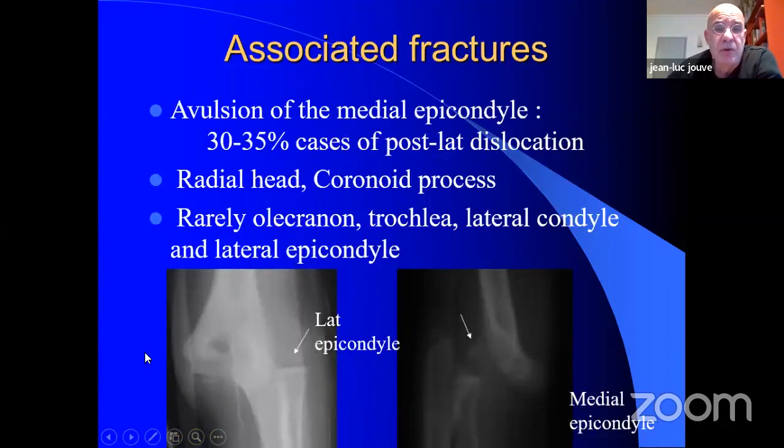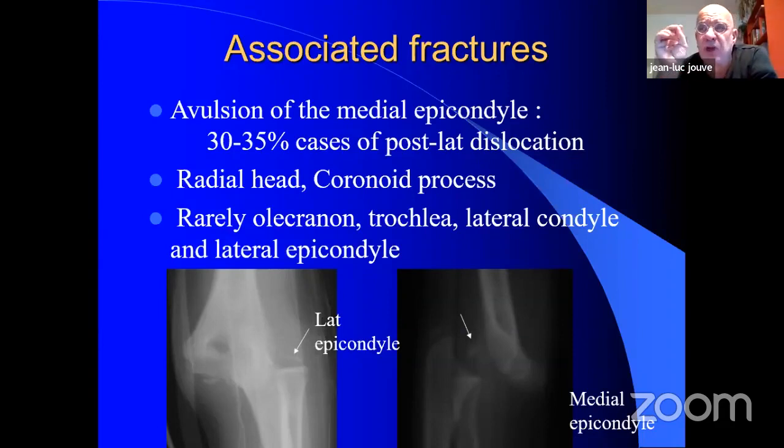The most important thing to remember is when there is an associated fracture. You have to know that there is an avulsion of the medial epicondyle in 30 to 35% of cases of posterolateral dislocation.